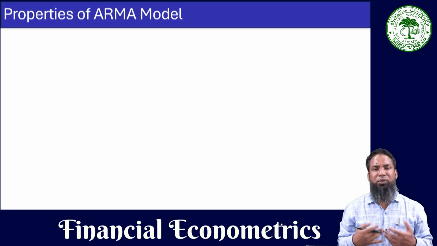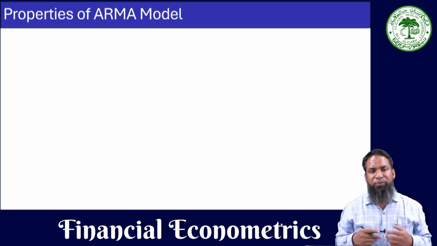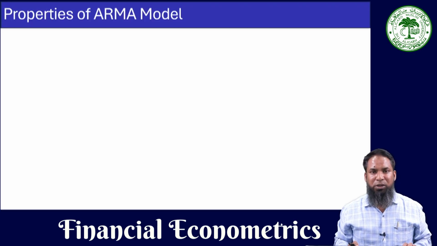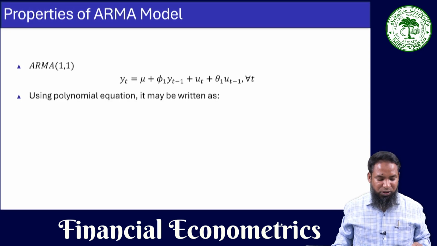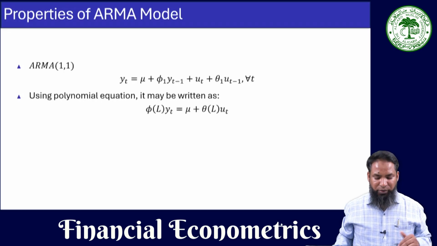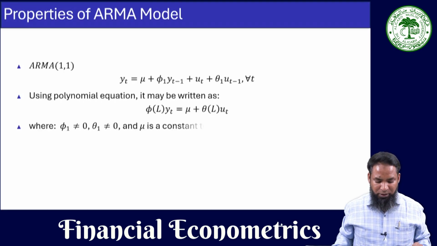So let us discuss the properties of the ARMA model. When we say properties, we want the theoretical statistical properties of the autoregressive moving average model. Let's start with the ARMA(1,1). We can represent this in this form. Using the polynomial equation, it may be written as phi(L) yt is equal to mu plus theta(L) ut. Here phi 1 is not equal to 0 and theta 1 is not equal to 0, and mu is a constant term, that is the long term mean of this process.